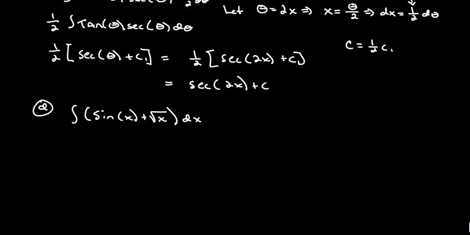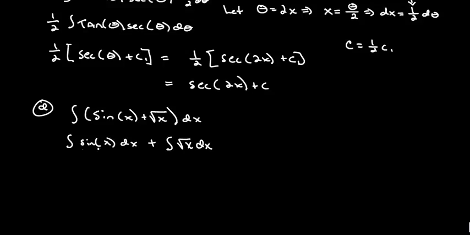I'm going to think about distributing, because I'm going to use the sum formula here in anti-differentiation. So this is going to be the integral of sine x dx plus the integral of the square root of x dx, just like that.